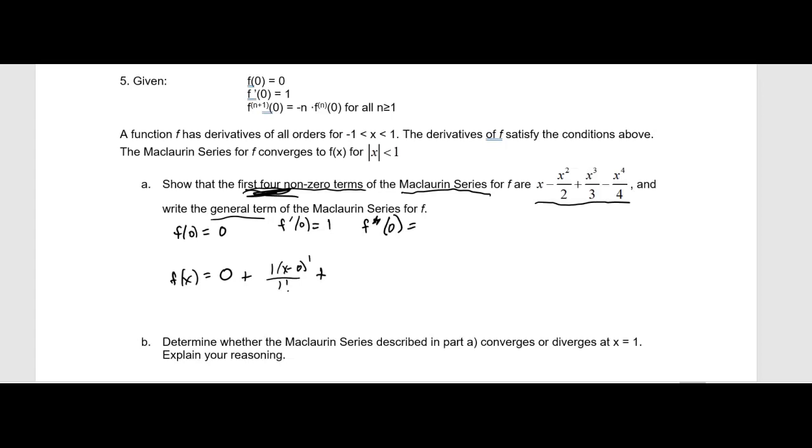And this is where this gets a little sneakier. This is our functional value. This is your first derivative value. This is going to give your derivative for all values that are greater than 1, which is what we need. We need now our second derivative, we need our third derivative, and we need our fourth derivative.